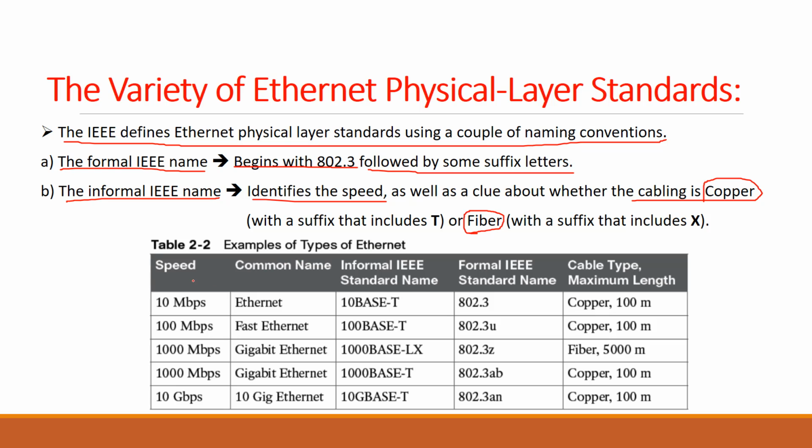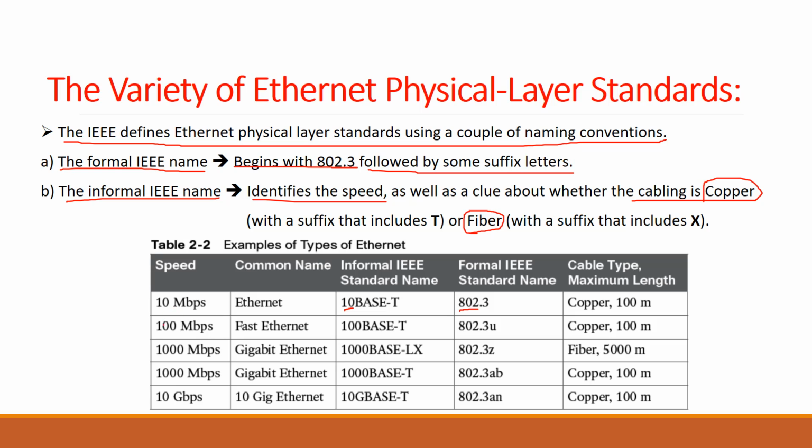So we have here a list of examples of types of Ethernet. If the standard starts with 802, this is the formal IEEE name. If it starts with the speed, this is the informal IEEE standard name.